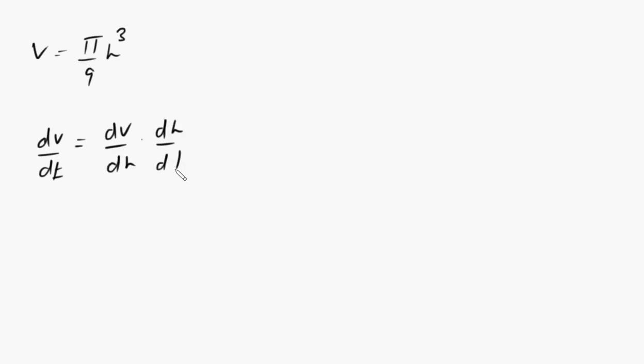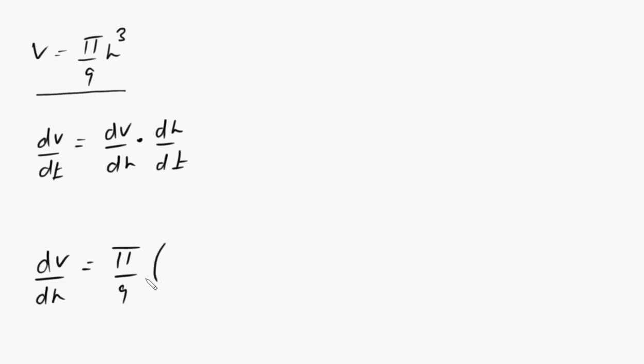Kwa hiyo volume yangu ni hiyo pi over 9 h cube. Sasa nina dv dt. From chain rule, it's just dv dh times dh dt, okay? So this is true. So from here, I can get dv dh from here. So dv dh, kumbuka pi na 9 ni constant, because it's just going to be pi over 9.